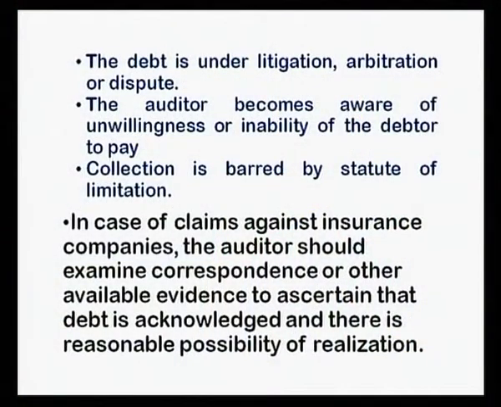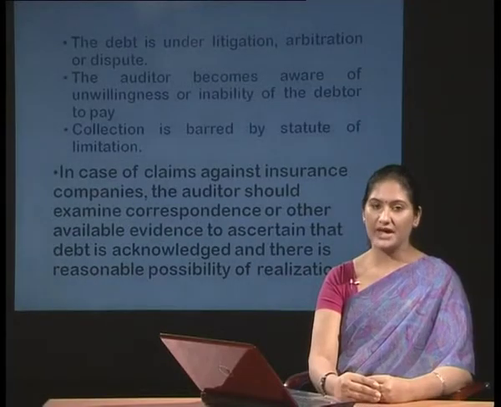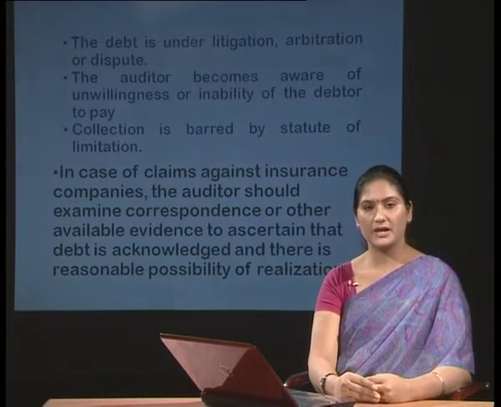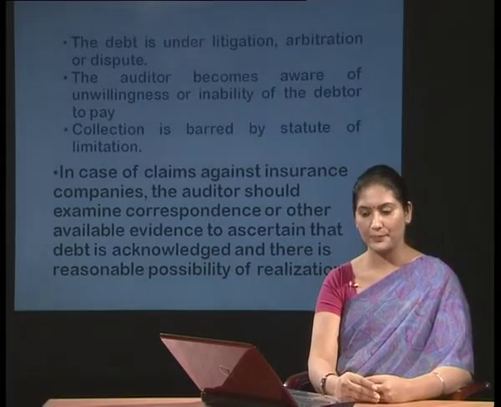The auditor becomes aware of unwillingness or inability of the debtor to pay. If the debtor is in a cash strapped position or there is a doubt of insolvency of the debtor, then the auditor will become aware of the unwillingness or inability of the debtor to pay.